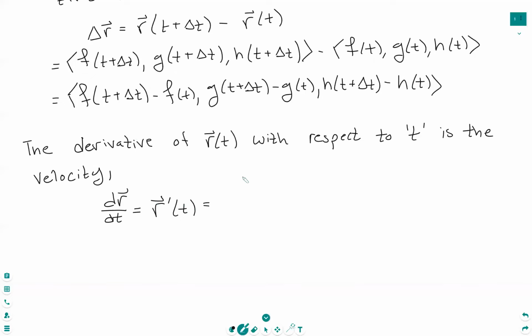And by definition, this is the limit as delta t goes to 0 of the change of position with a small amount of change, delta t, so r of t plus delta t minus r of t, over delta t.